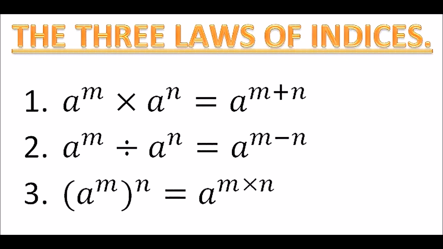Second, a to power m divided by a to power n is equal to a to power m minus n. And finally, a to power m in brackets to power n is equal to a to power m multiplied by n. After using these three rows for some time, you will be able to apply them when needed to solve a certain problem.